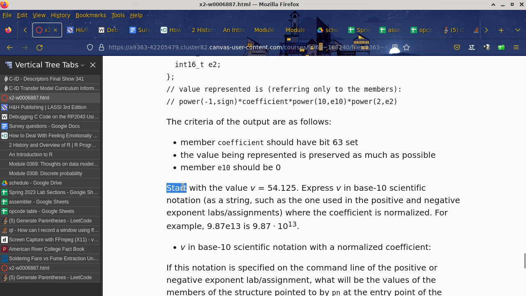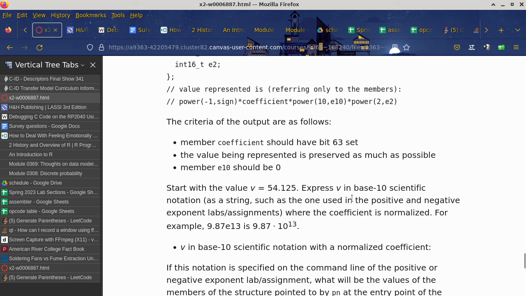So the actual question starts with this. Starting with a value of V, which is 54.125, if somebody were to ask which base that is in, what do you think is the answer? It's base 10, because if I don't specify the base, if it doesn't start with 0x, then it is by default base 10.